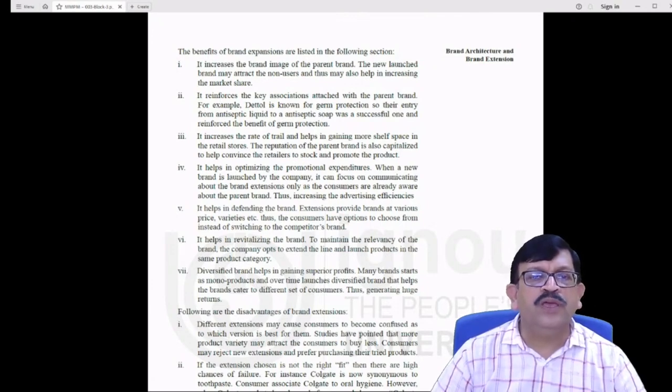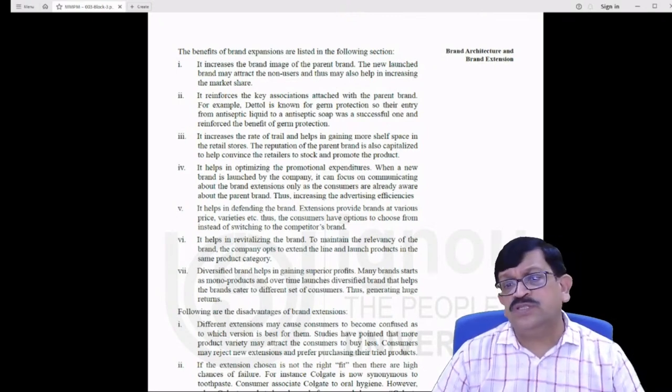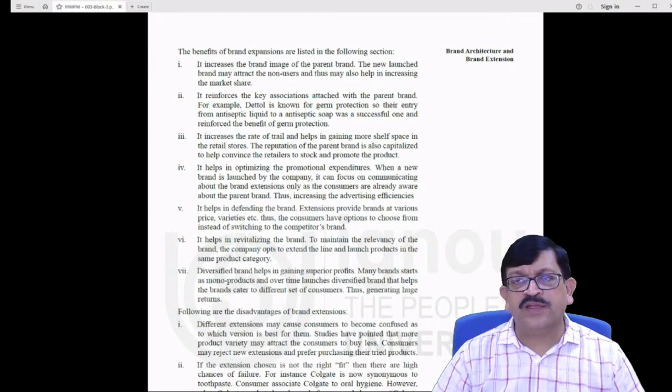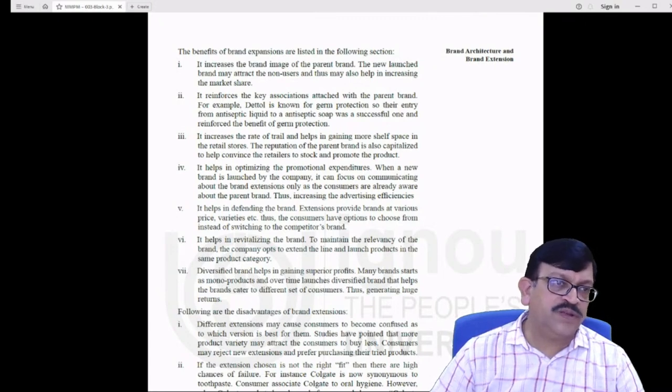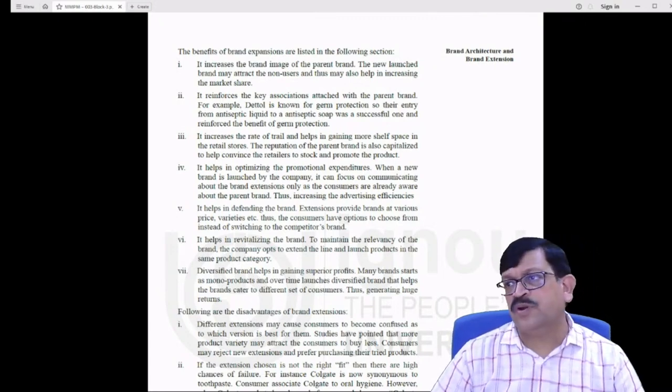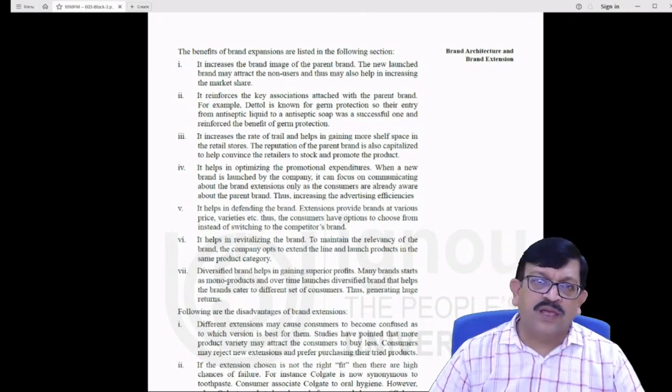Going into the defense part, the next important part is defending the brand. When you're talking about extensions, you are strengthening your portfolio by getting into new product categories. You're also minimizing the risk factor associated with the brand. If one particular product category does not do well, the other category might do well.